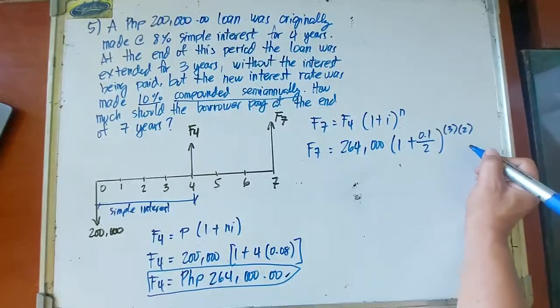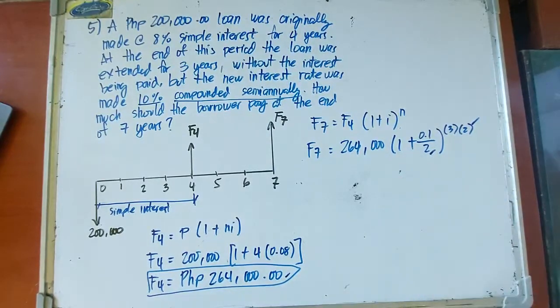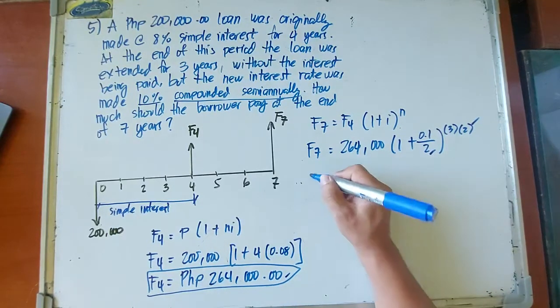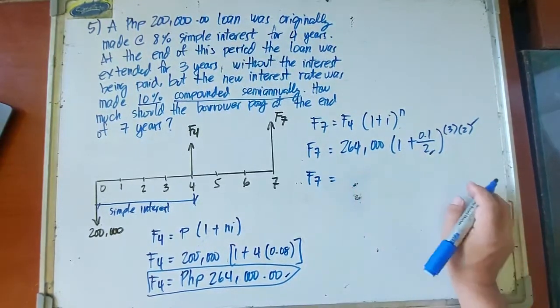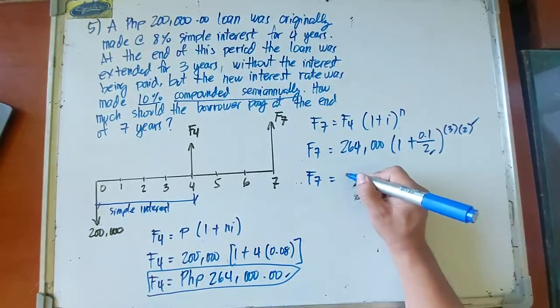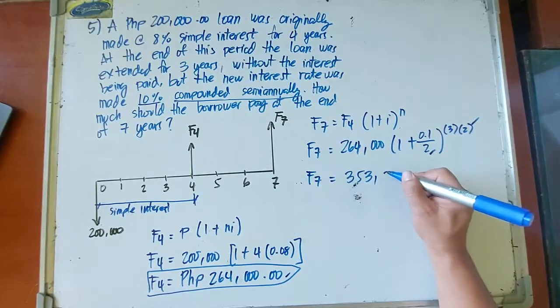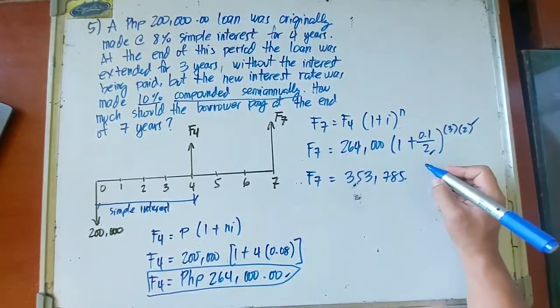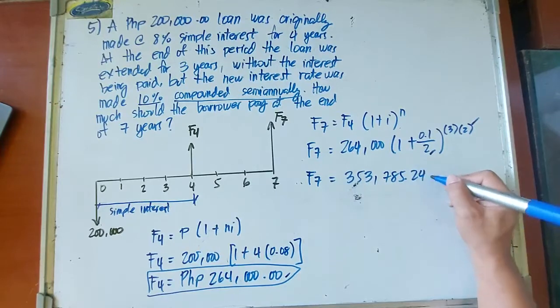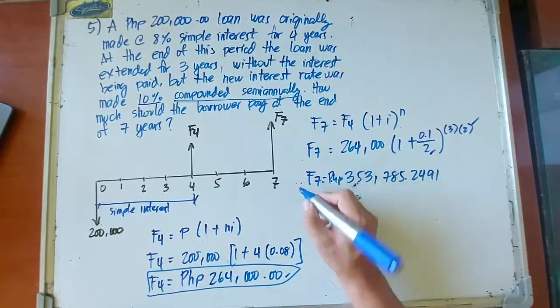The 2 indicates that it is compounded semi-annually. So F sub 7, the amount after 7 years, is equal to 353,785.2491 pesos.